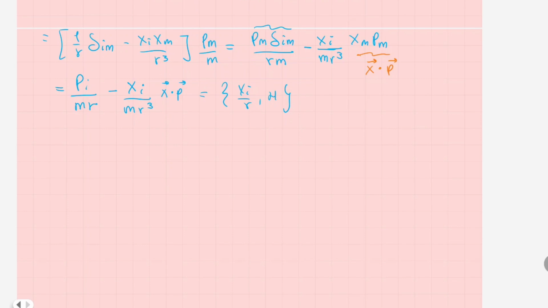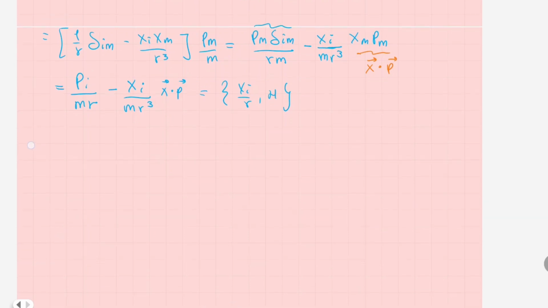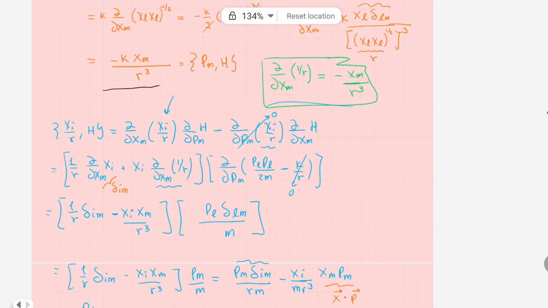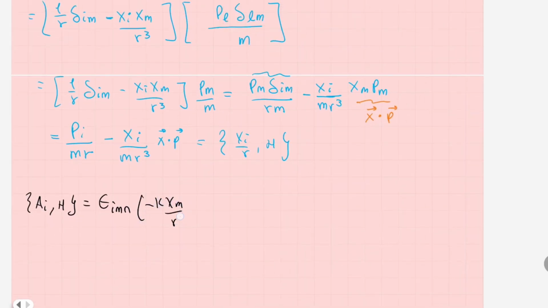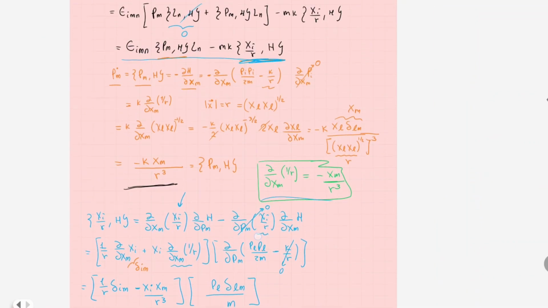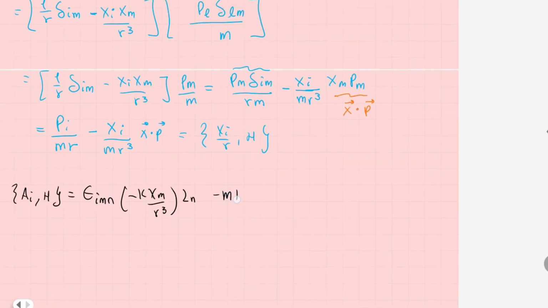So if we substitute the results that we just found, we are going to get that the Poisson bracket between ai and h is going to be EIMN times this result over here, minus kxm over r cubed times ln, and then minus mk times pi over mr minus xi over mr cubed x dot p.